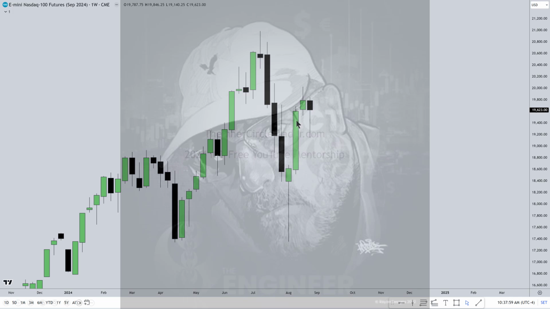But if I have a candle like this that makes part of the swing low, I want to incorporate that wick, and I want to leave some of this down here open.